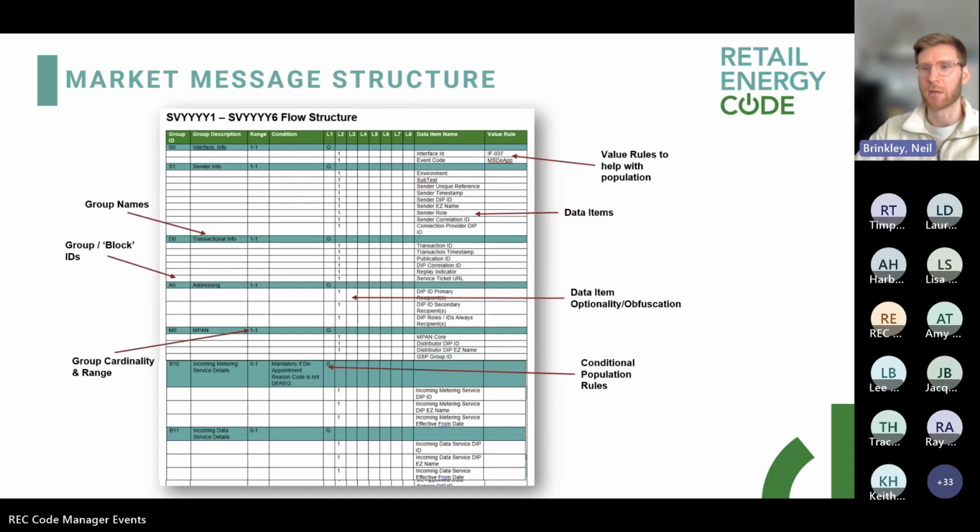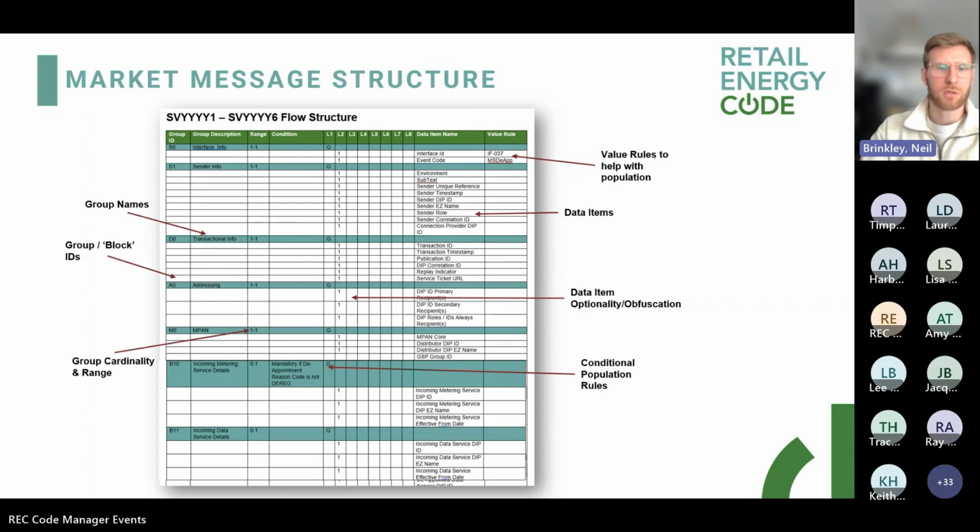That's a question that we're going to be asking when this is consulted on in August this year, whether parties want a plain English data item name or if they want the JSON name. Moving on round, then we've got the data item optionality and then any obfuscation in there.